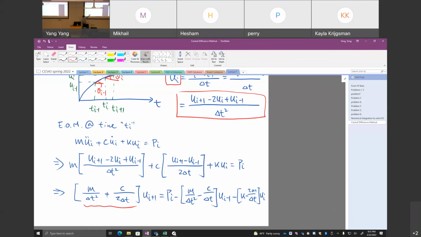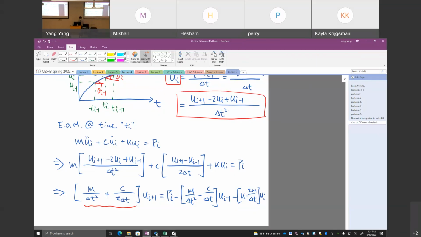This is known because the structure's mass and stiffness, we know that. And on the right side, p i, the force at time i, is known to us. For example, for an earthquake, we can tell at time t i what the acceleration is. So this is known, and this is known, and this is known.